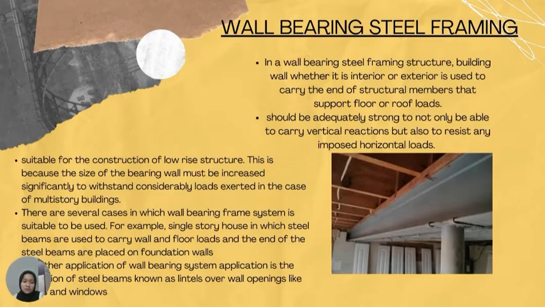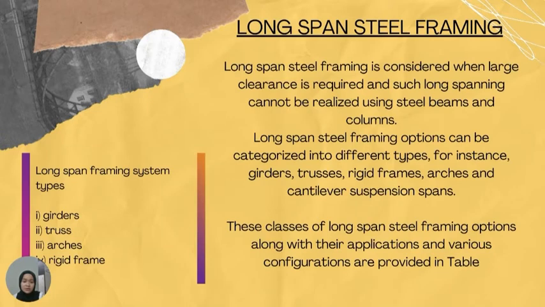So next slide is about long span steel framing. Long span steel framing is considered when large clearance is required and such long spanning cannot be realized using steel beams and columns. Long span steel framing options can be categorized into different types.